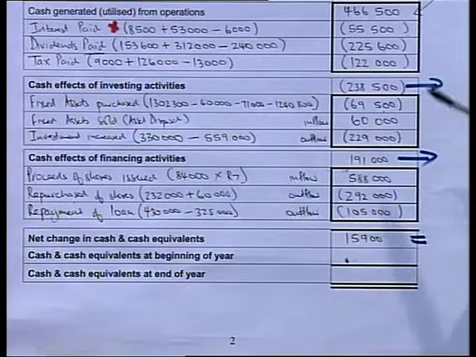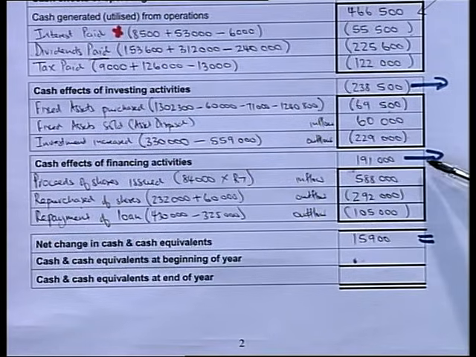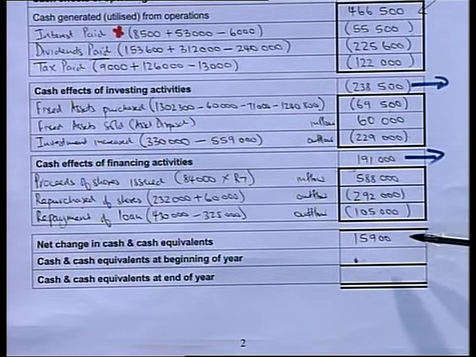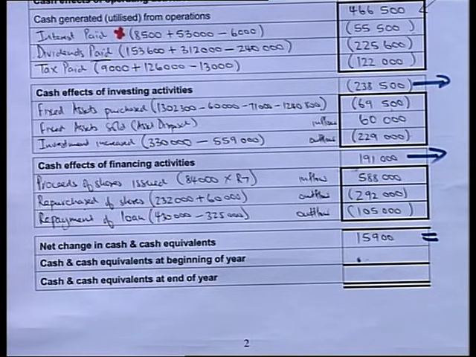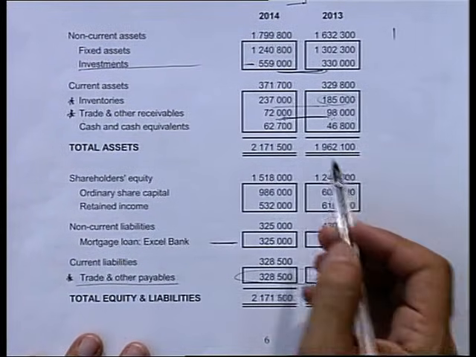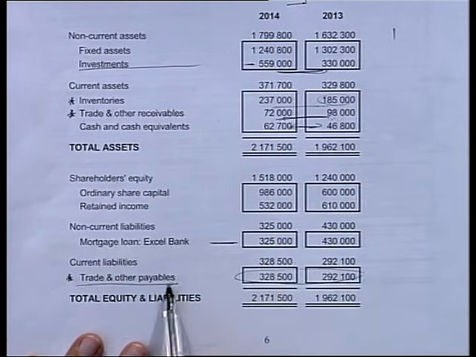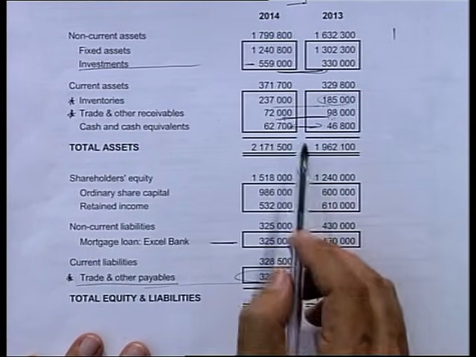Just again, back quickly, the 15,900, that is the sum of the operating activities, the investing activities, and the financing activities. And that gives me a positive 15,900. Then the last item we have to check for will just be the cash and cash equivalents, which is the difference between that movement over there, but we need to check if there was any bank overdraft.